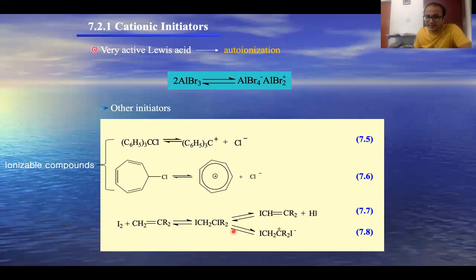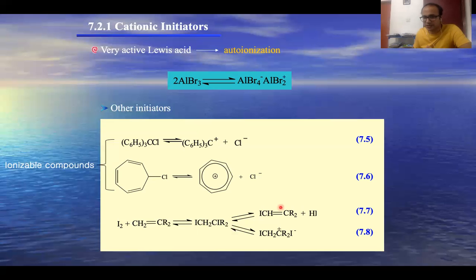Another way that can happen, which actually is the cause of cationic polymerization, is that this I can get heterolytically dissociated to form I minus, and in the process form a positive charge. Now, this possible heterolytic cleavage will happen only if this carbocation is sufficiently stable. So this alternate iodine also can be used as initiator.